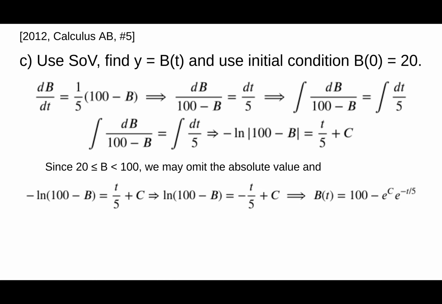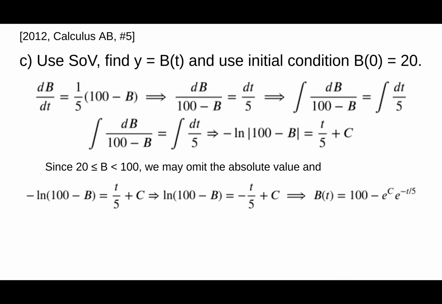All right, now since our values of b are between 0 and 100, we don't have to worry about 100 minus b being negative, so we don't need the absolute value symbols here. So we're going to get rid of them. That leaves us with negative natural log of 100 minus b equals t over 5 plus c. If I move the negative over, natural log of 100 minus b equals negative t fifths plus c.